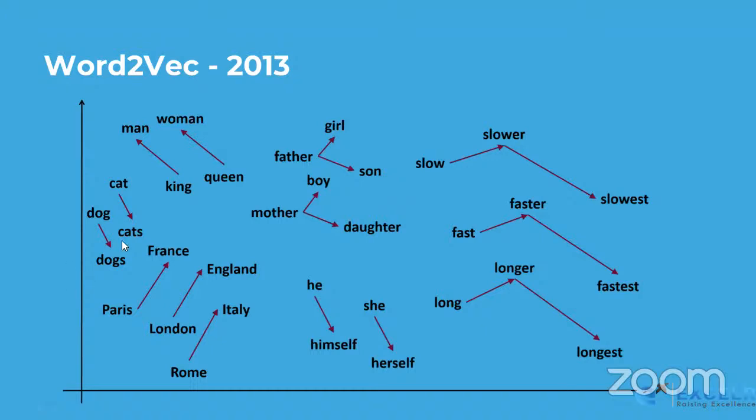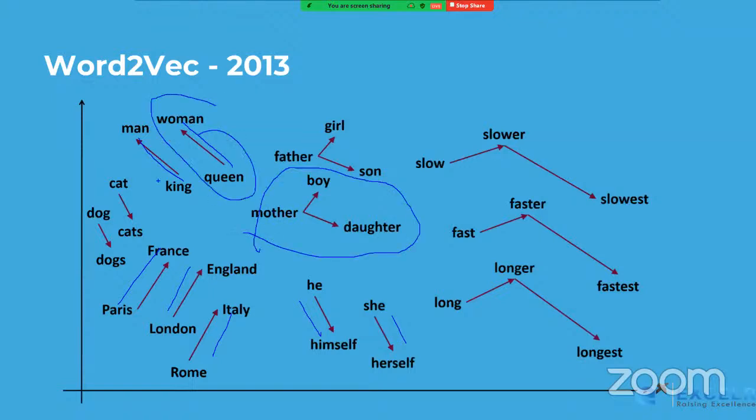For example, you can see father, queen, mother, king, man, cat, cats, dog, dogs, Paris and France, London and England, Rome and Italy, he, himself, she, herself, long, longer, longest, father, girl, son, mother, boy, daughter. These are some relations, and this is also a relation, and this also has some relation. All these words have been taken and grouped in a way where the similar words form together.